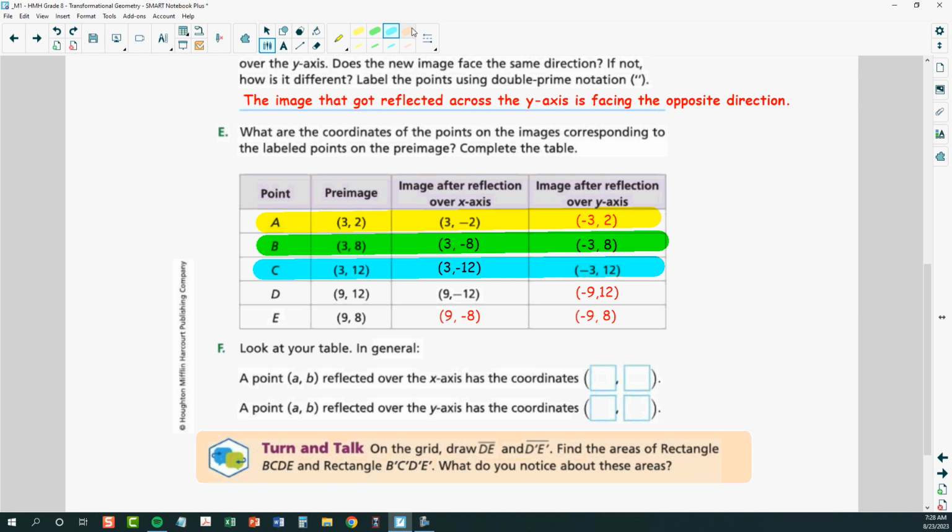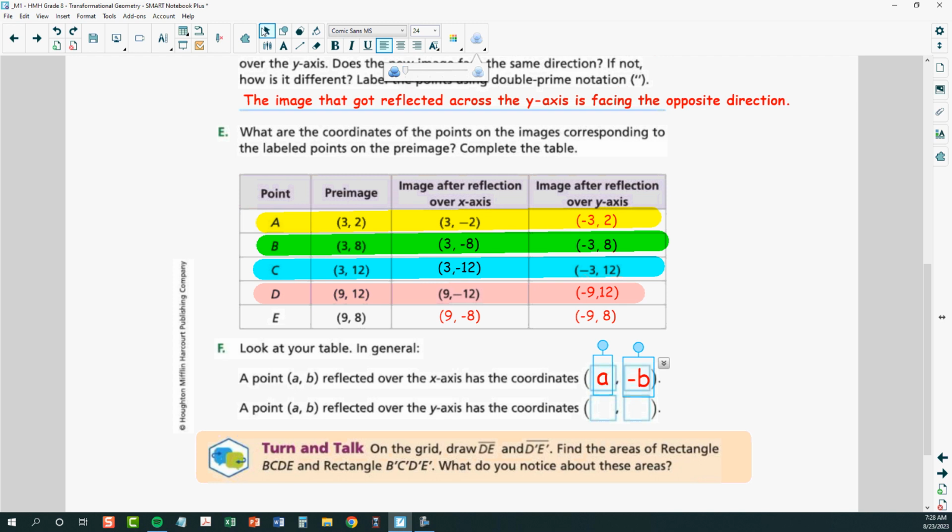D and then D right here. So A, X and Y, they're using A and B, reflected over the X-axis as coordinates. What happened when it went over the X-axis? Do you notice a pattern there? And then when you went over this. So I'll pause. What do you think?